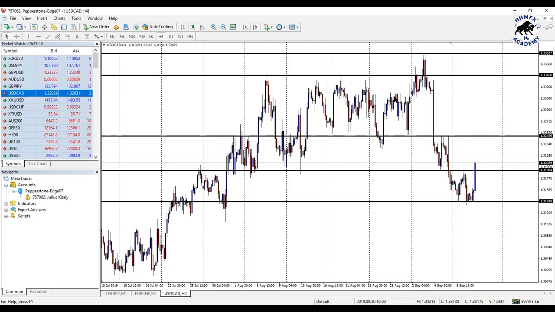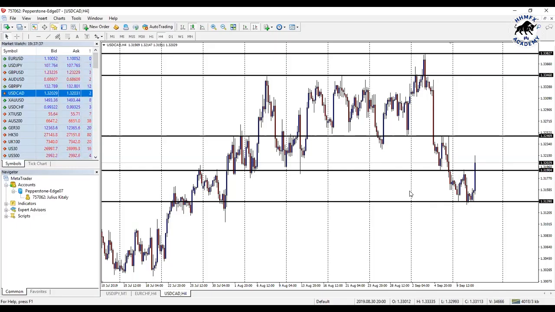The lines that we have just drawn, guys, are not just lines. They represent the behavior of the market. They represent what the market has been doing in the previous time and what the market can do in the future.